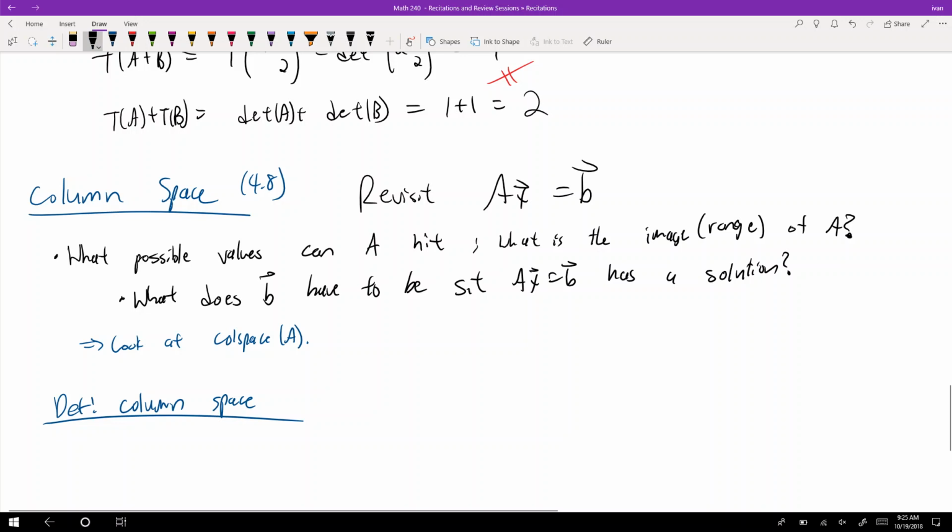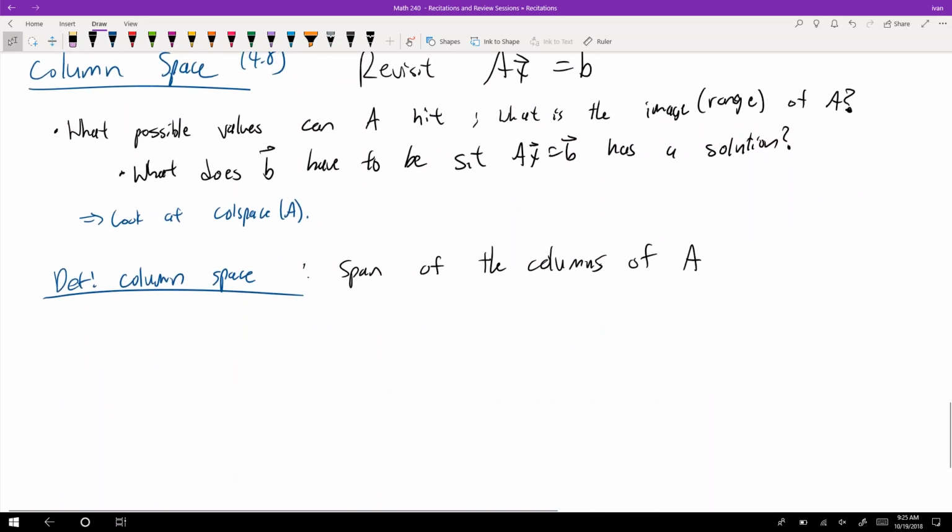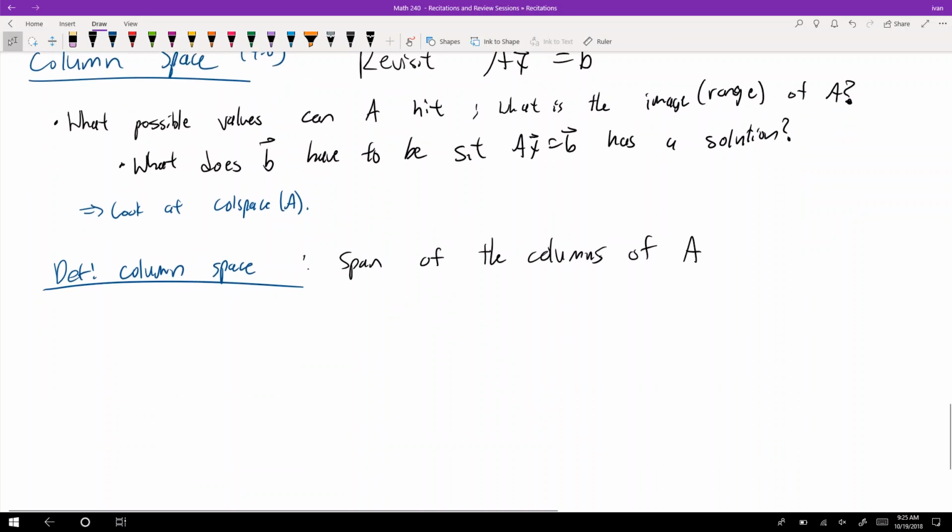Which brings me to the definition of column space. It's pretty simple. It's the span of the columns of A. For example, let's jump into an example to see what this means.